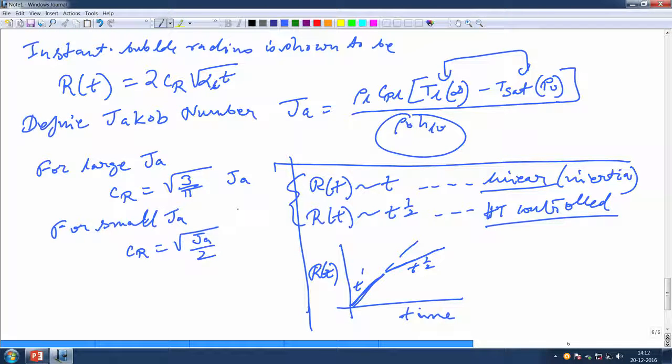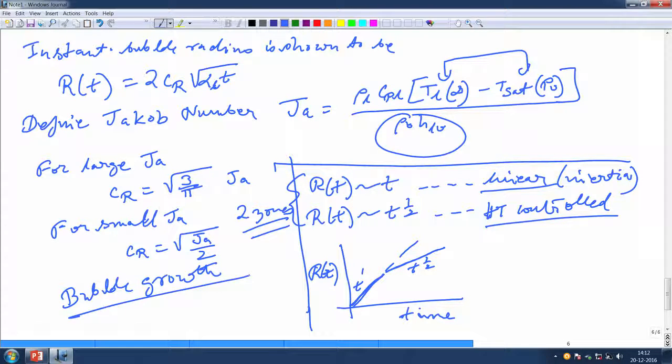This clearly establishes, based on the two mechanisms, inertia and heat transfer control, what is exactly happening to the whole process. And this is for homogeneous nucleation only. Clear up to this point? So, that is the bubble growth.